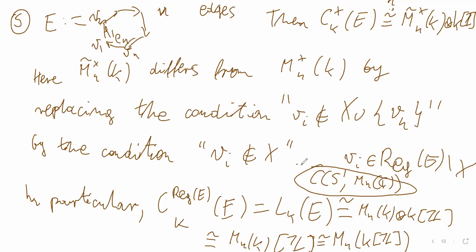This is standard, right? But now I wanted to see what happens in the relative version, and the relative version includes also the case when X is the empty set. So this is like the absolute Cohn path algebra, and I believe that it behaves in precisely the same way as in the case when you don't close this simple path into a loop, but you have to make this modification by tilde, because now all vertices are regular.